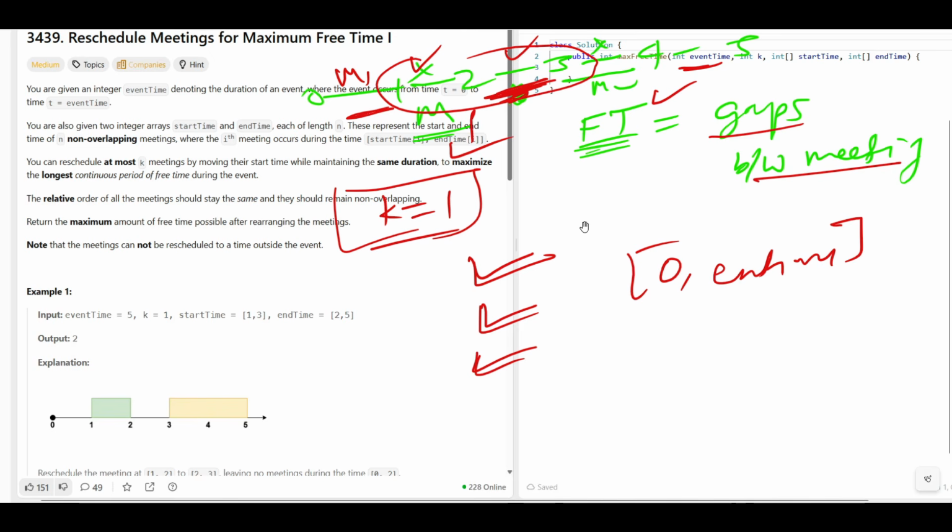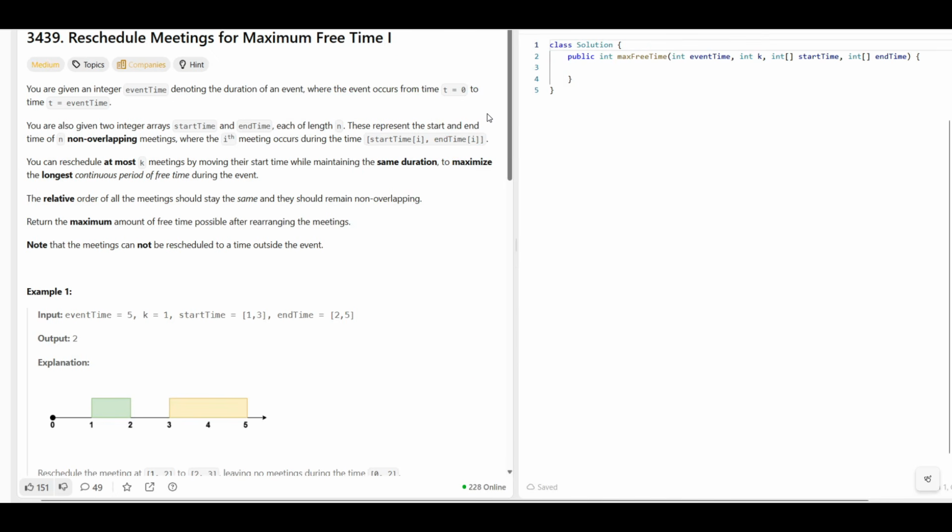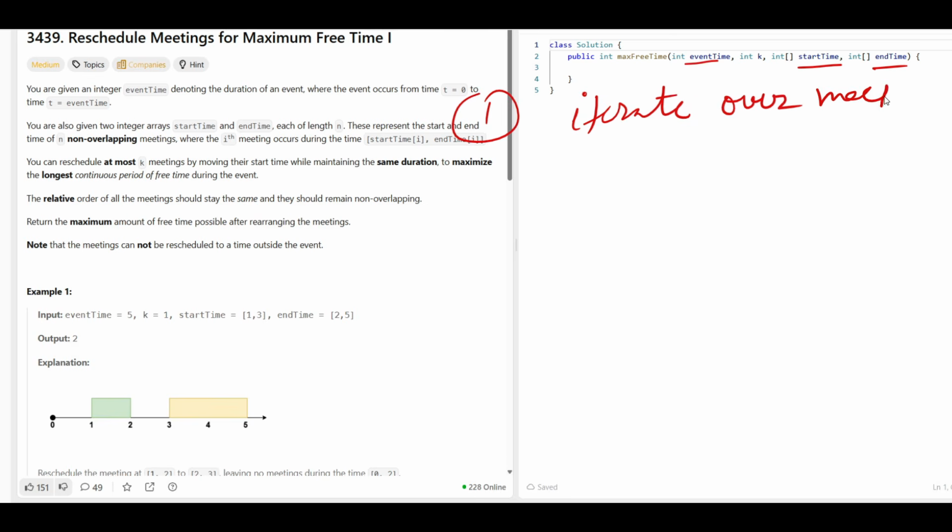Okay, so what is the approach to solve this problem? Understand. We iterate over each meeting, call it i. The event times are given, start and end. So at the very first we iterate over meeting i, so we can get the meetings.